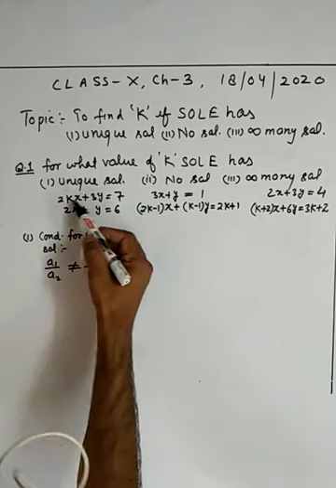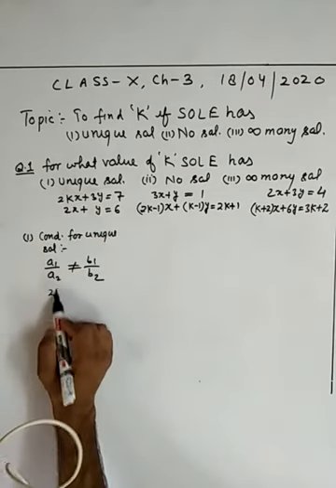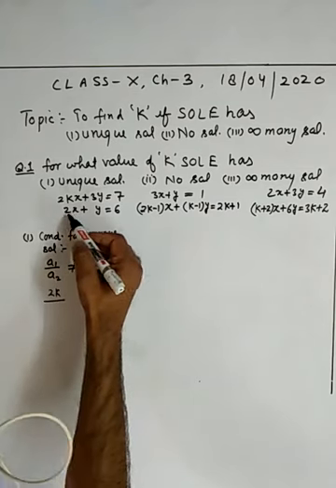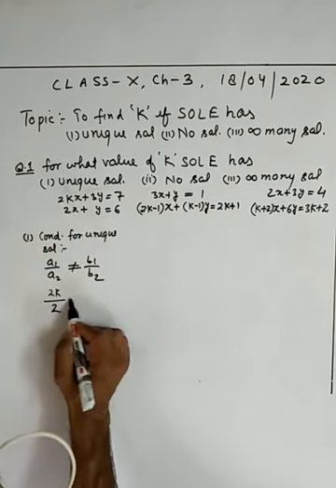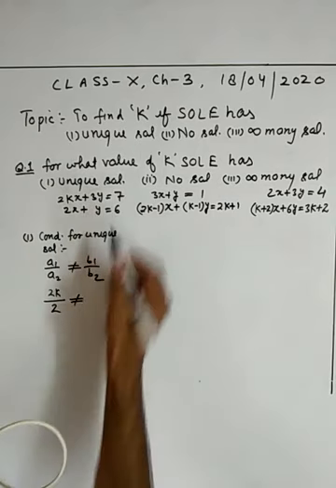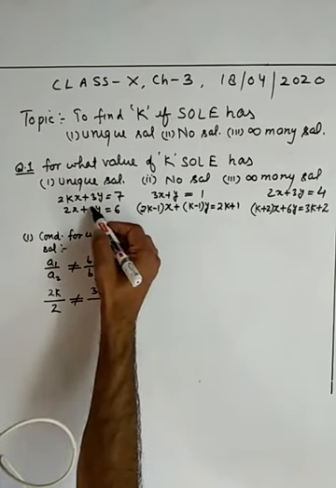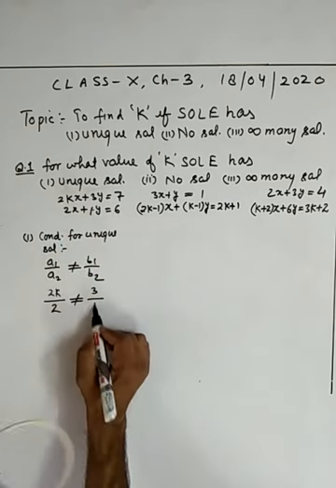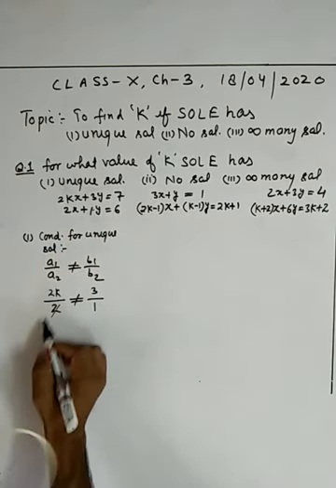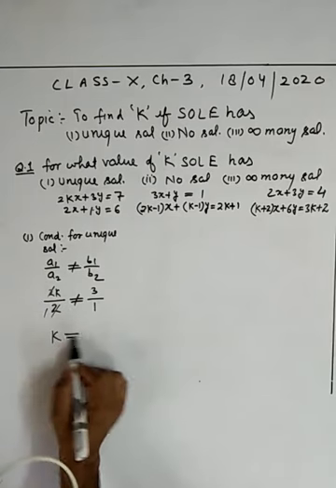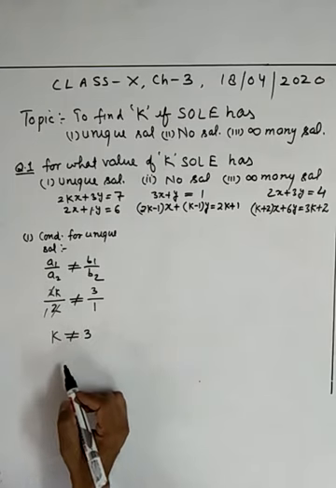The coefficient of x is called a1, that is 2k. a2, the coefficient of x in the second equation, is called a2, not equal to b1 which is 3, and b2, there is nothing given, so I consider it 1. Now cross multiplying, the 2 cancels, k not equal to 3.